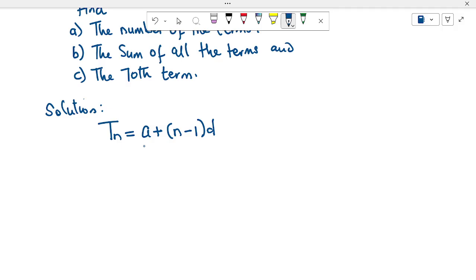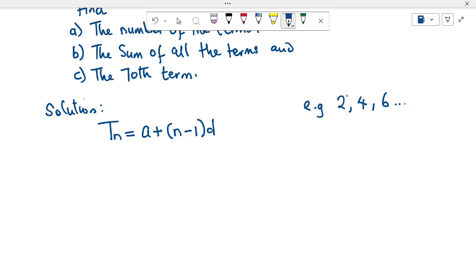N is the number of the position. For example, you have 2, 4, 6, and so on in a progression.